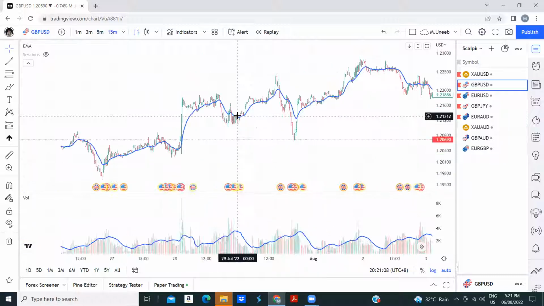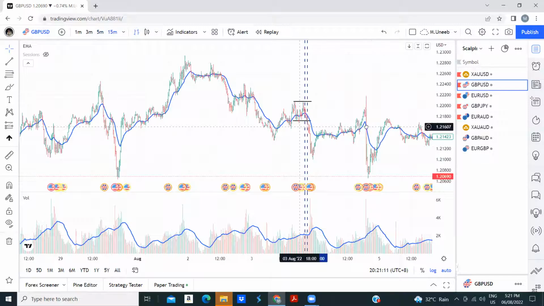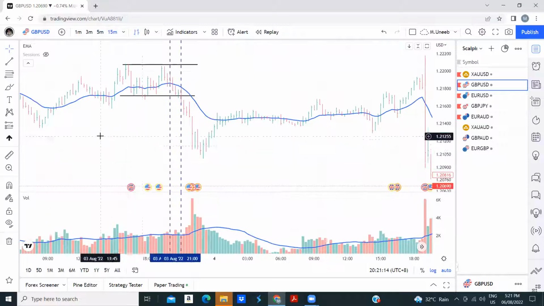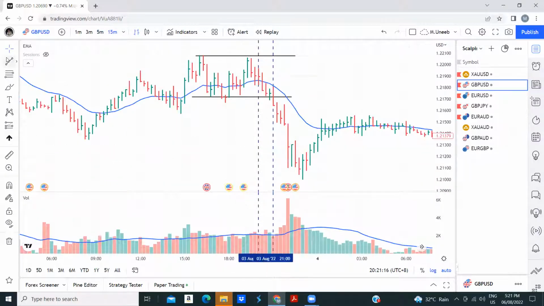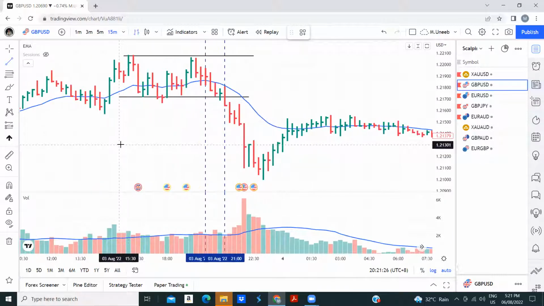First, tell me the bias here. What is the bias? Bearish? Why do you think it's a bearish bias?